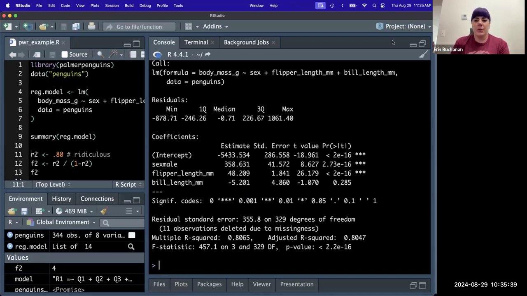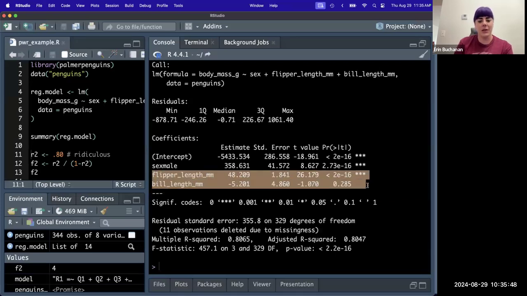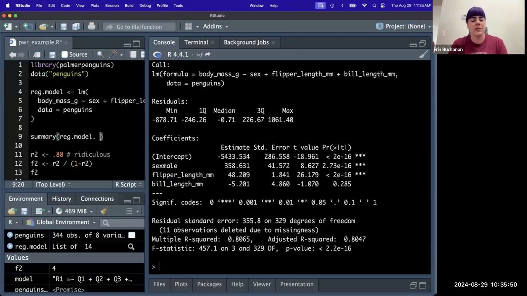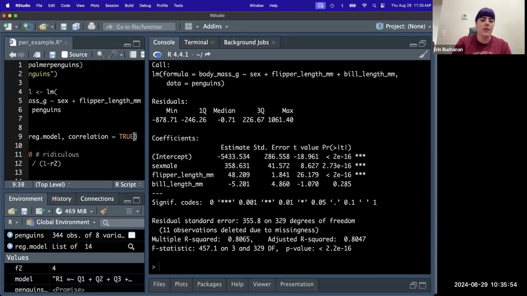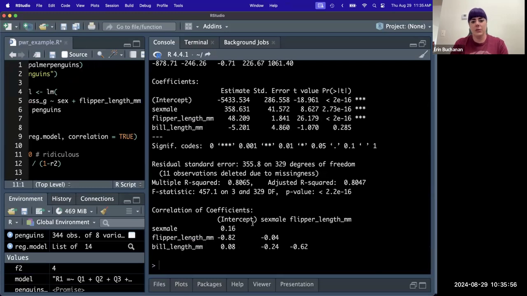So back to your question about mediation, moderation. Bill length probably makes a difference, but because its correlation with the other variables in the study is so high, it doesn't count. That's one issue. Its correlation with flipper length is pretty high, 0.62.